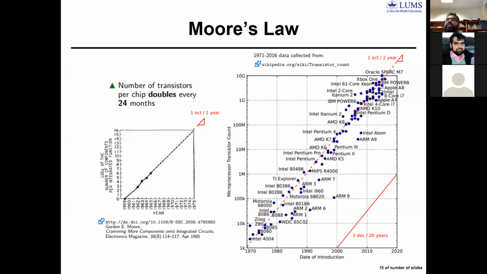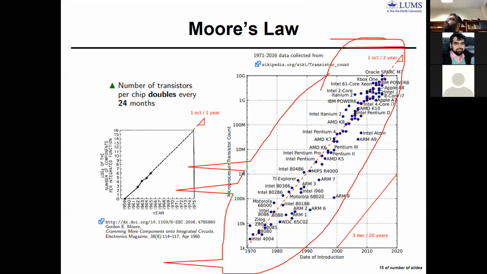If you look at this whole window here, all of those processors that have come from 1970 to 2020, this also includes those microcontrollers that you must have used in the microcontroller interfacing lab, the 8086 or whatever processors you have used, all of them are mentioned here.